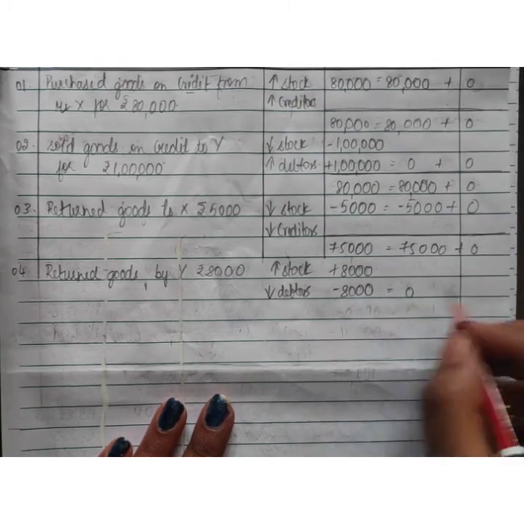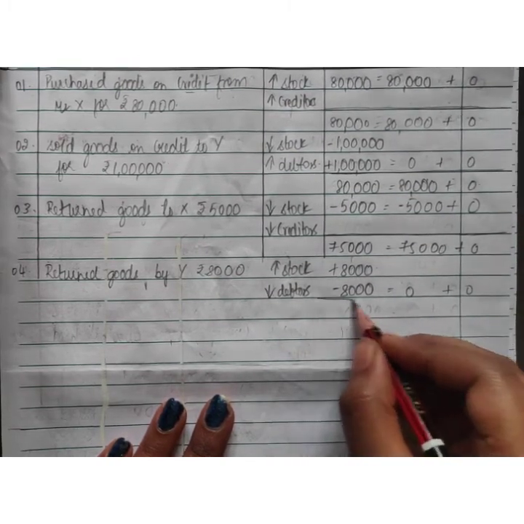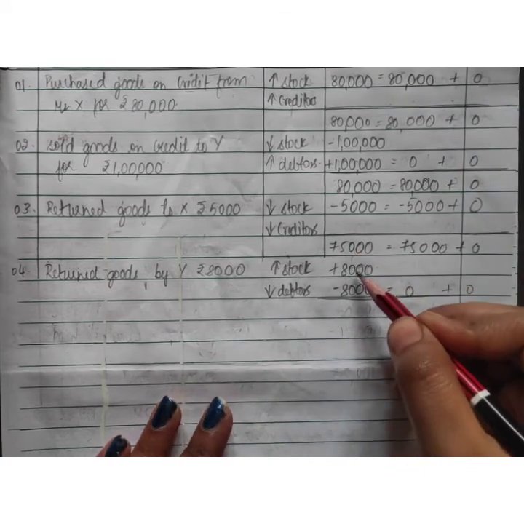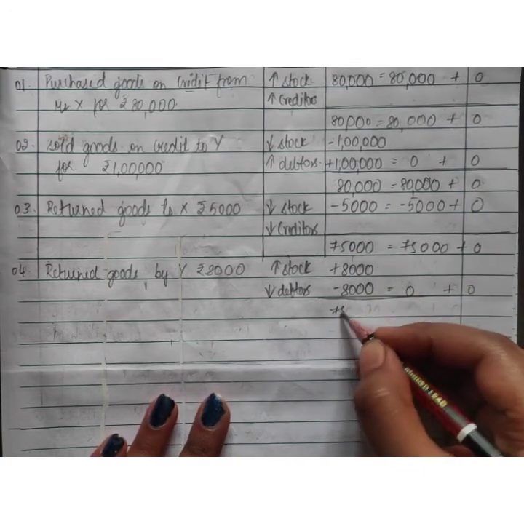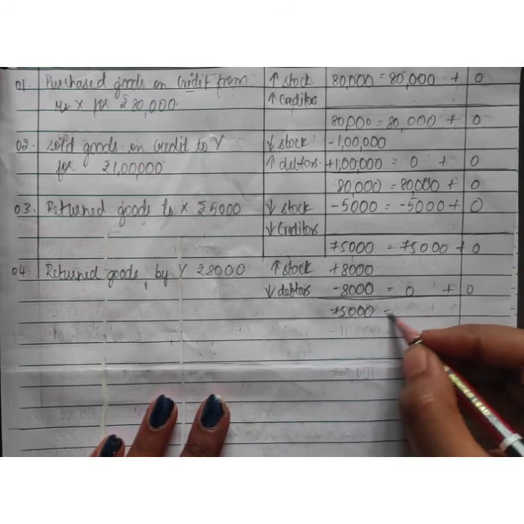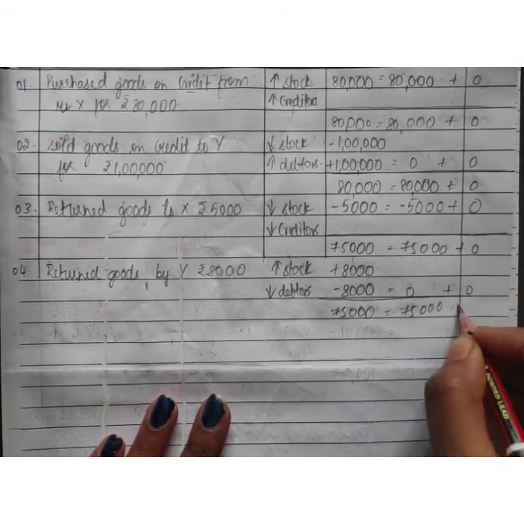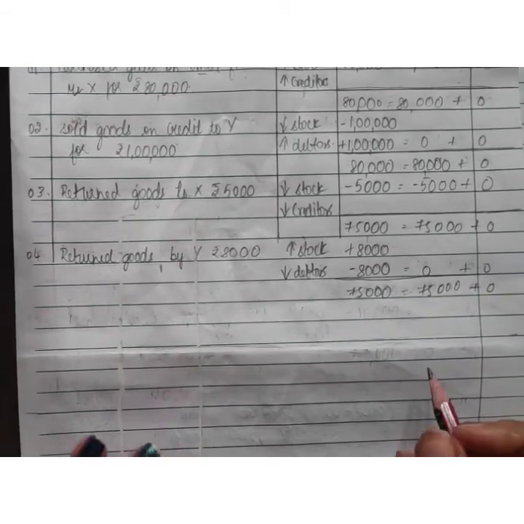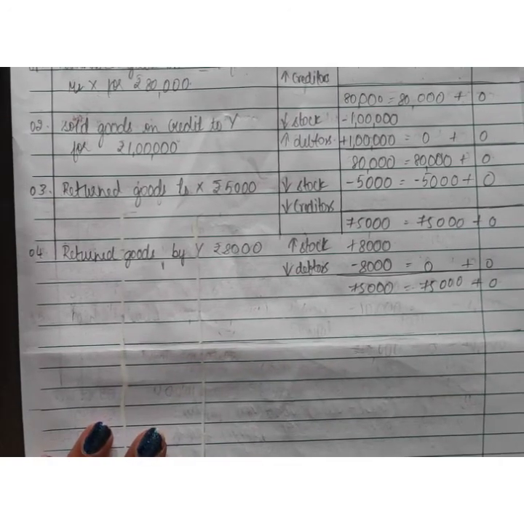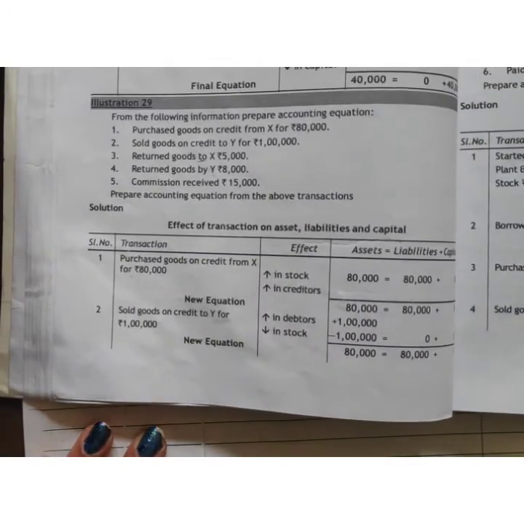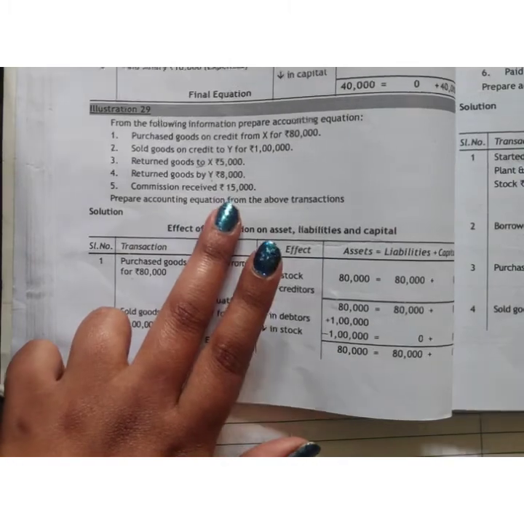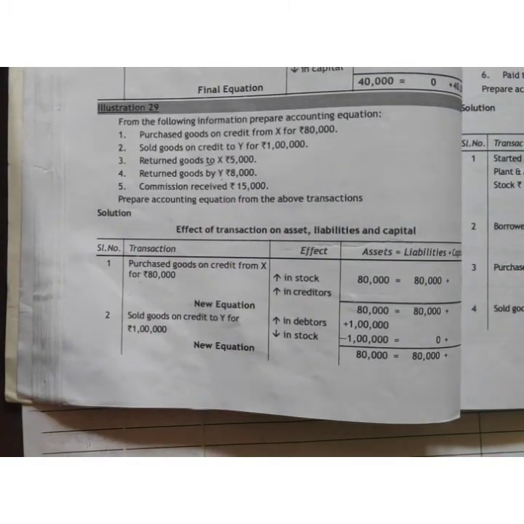There is no liability here and no capital either. So 75,000 plus 8,000 minus 8,000 remains the same, which is 75,000, is equal to 75,000 plus 0. Clear? Now let's move on to the fifth and last transaction, which says commission received rupees 15,000.